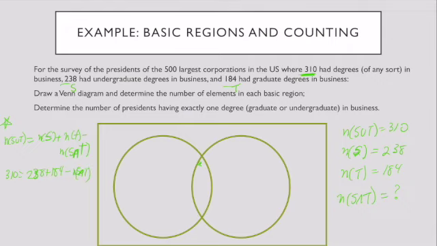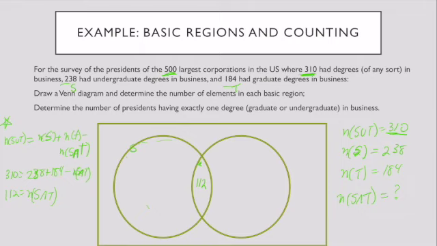If I solve this equation, I get 112 equals N of S intersect T. So 310 people out of the 500 businesses surveyed are in the union, so my intersection is 112.